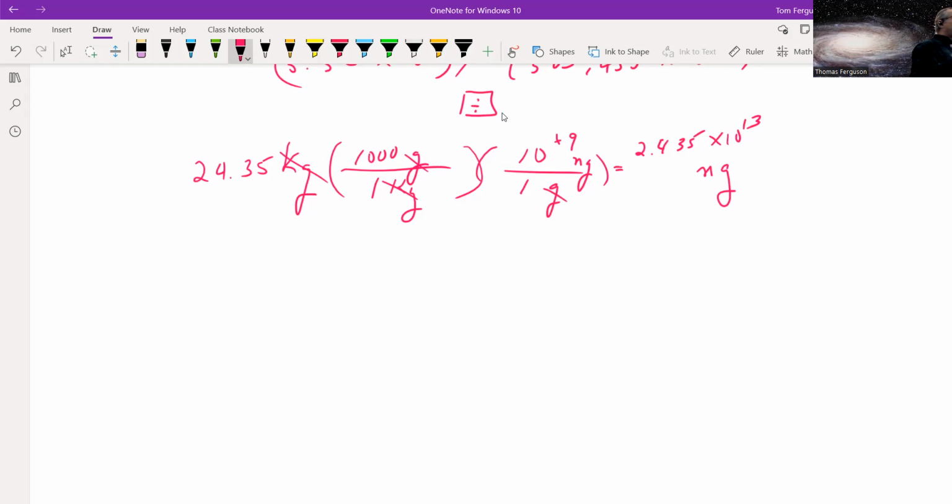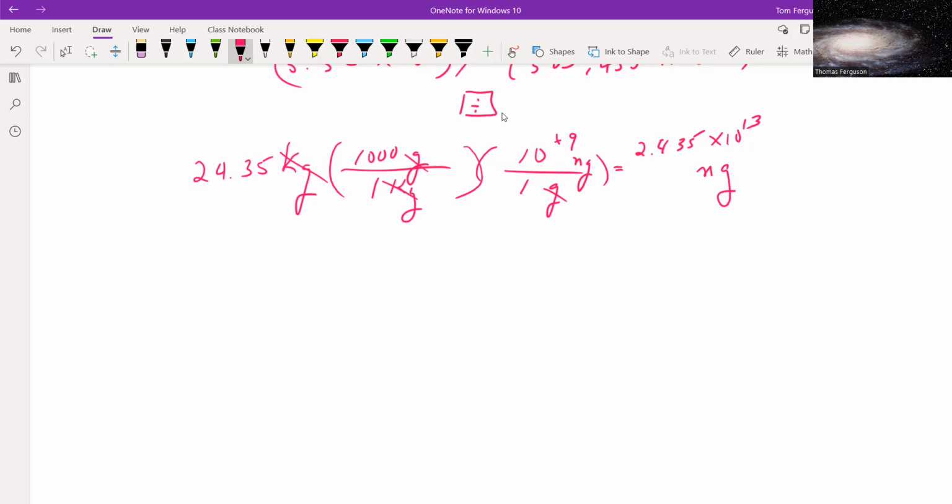Some of you had minus exponents. Oh, yeah, that's right. That's the same thing. Okay. So you have a billionth of a gram is equal to 1 nanogram.